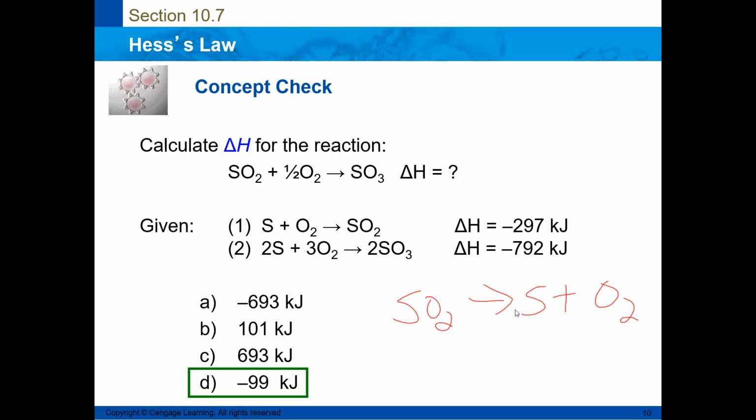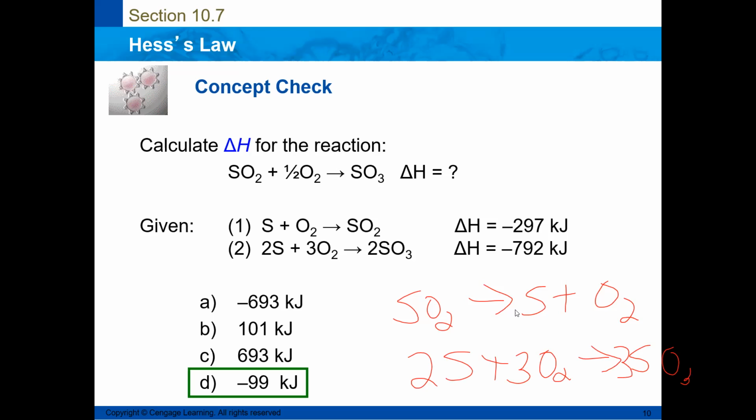And they're doing the half thing, which I do not like, but they're also not balanced. So we're going to look at the 2S right here, plus 3O2 on this side, and it's going to yield 3 SO3s, right?